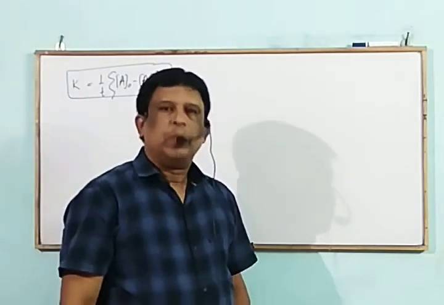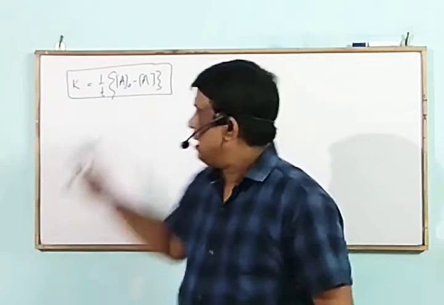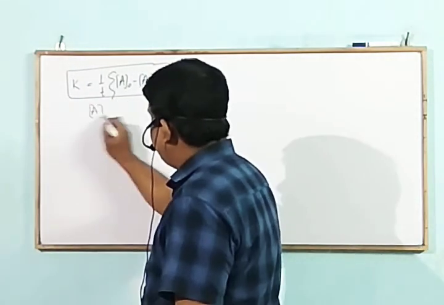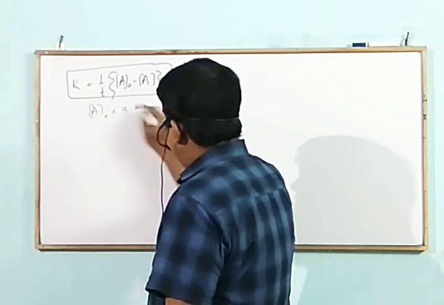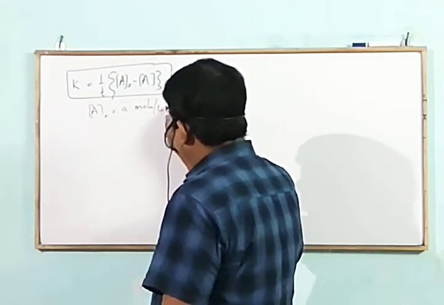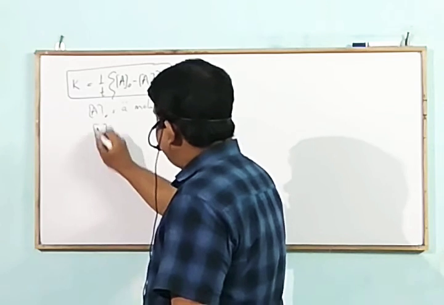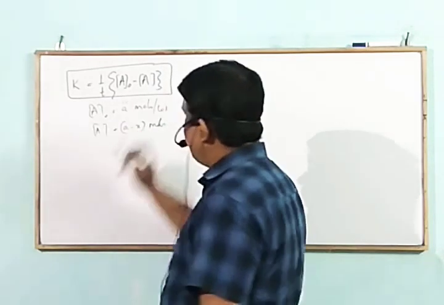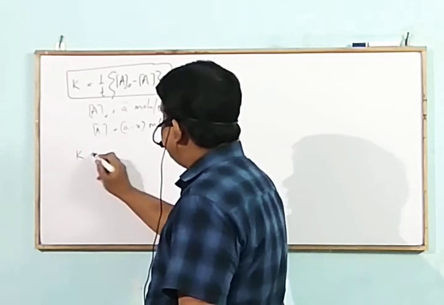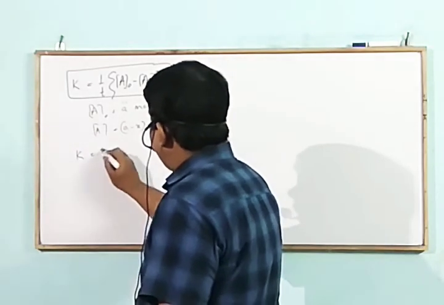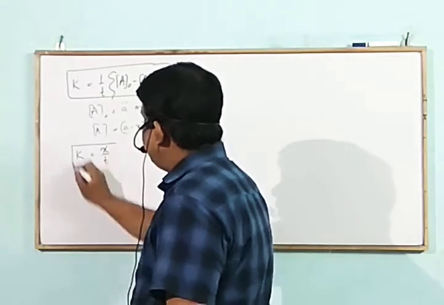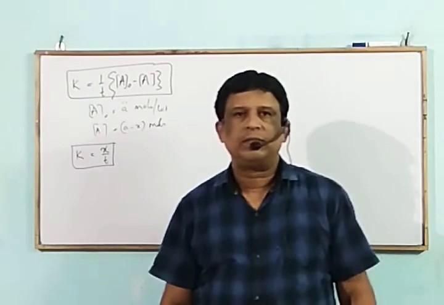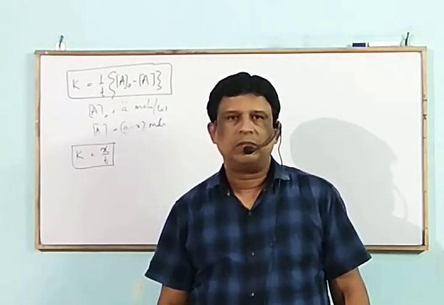Then, by putting initial A naught is equal to a moles per liter and A is equal to a minus x moles per liter, the above equation can be transformed to K is equal to x by t. It is the required expression for zero order kinetics in normal form.